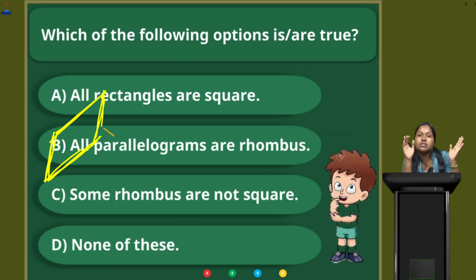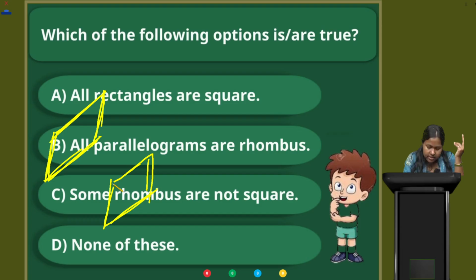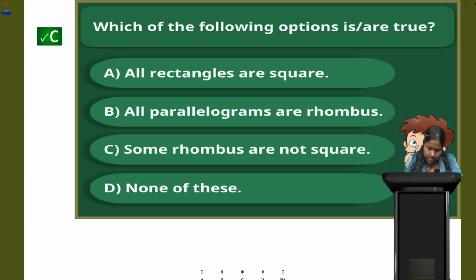For a rhombus, all sides should be equal. And option C: some rhombus are not square. Is this true? Yes, because some rhombus have angles not equal to 90 degrees. These are not square. That means option C is correct. So your answer is supposed to be option C.